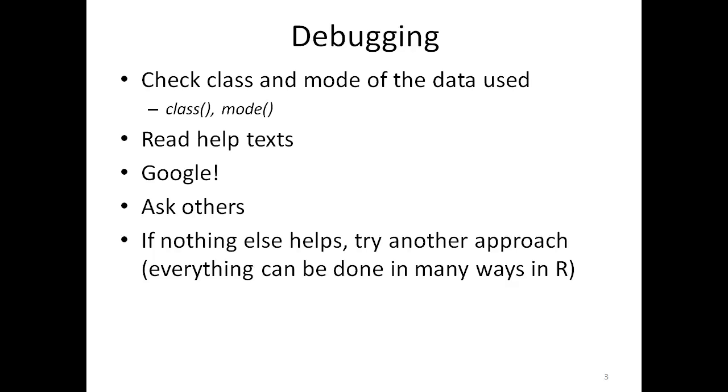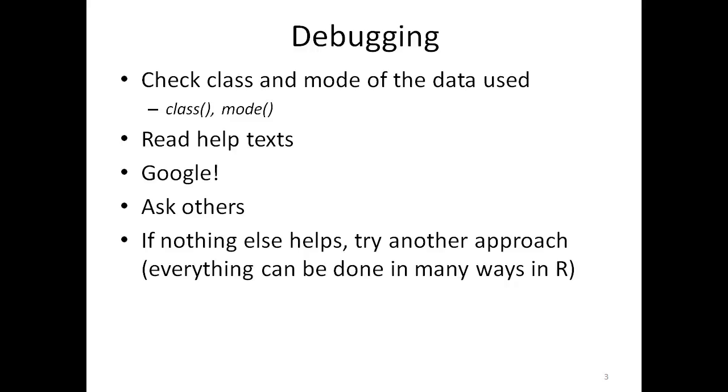Another thing that could be useful when debugging R scripts is to check class and mode of the data used, because that often poses a problem when the class is incorrect, as in the previous example. You should also read the help texts for the commands you're trying to use, because they will often give insights if you actually look at them.